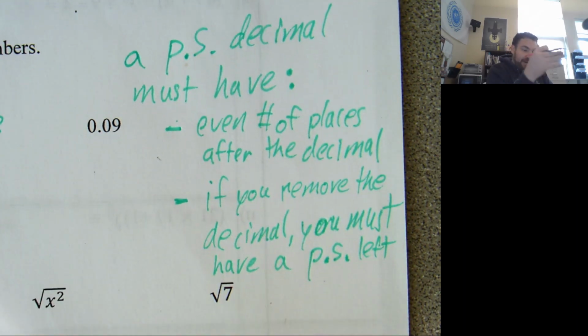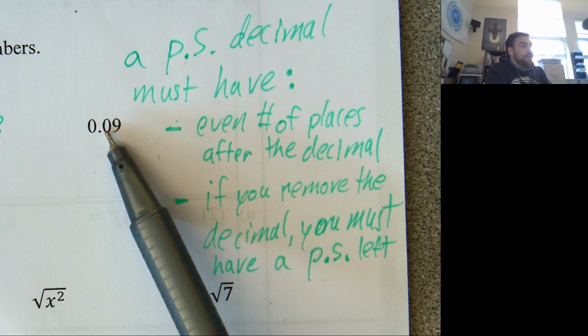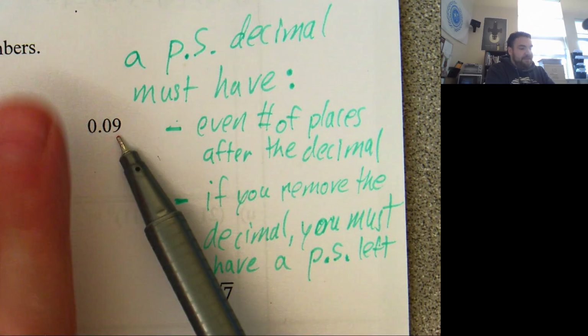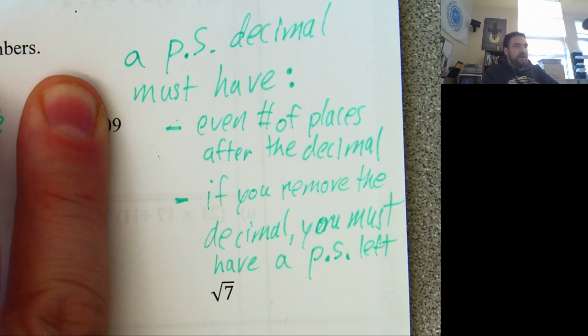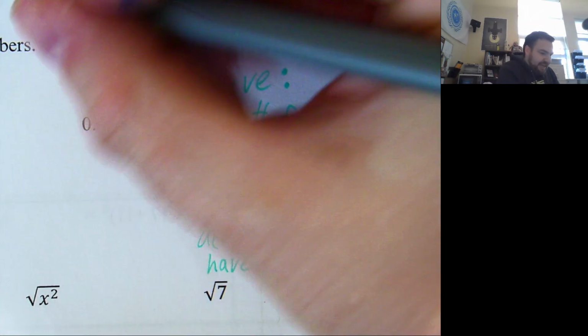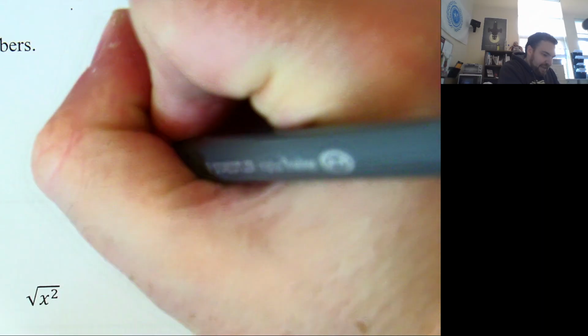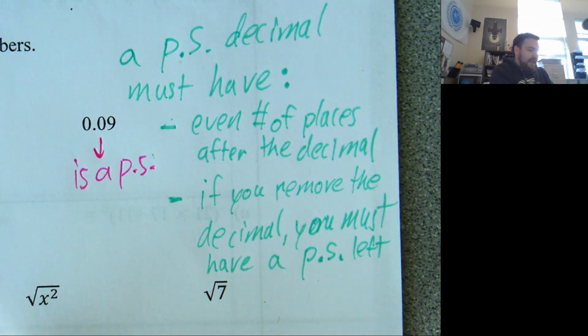So let's go back to my question. This thing, is it a perfect square or not? It is. It has an even number of decimal places. And if I remove the decimal place, I'm left with 9. Is 9 a perfect square? Yes. So this thing is a perfect square. And the square root of 0.09 is what?